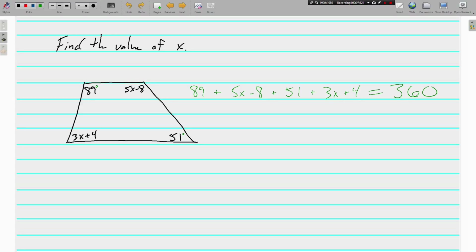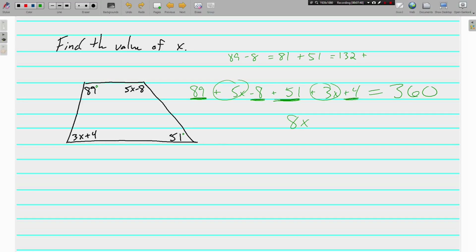The solving's the same. Combine our like terms. We've got a positive 5x and a positive 3x, which will be 8x. And our numbers, we've got 89 minus 8 is 81, plus 51 is 132.